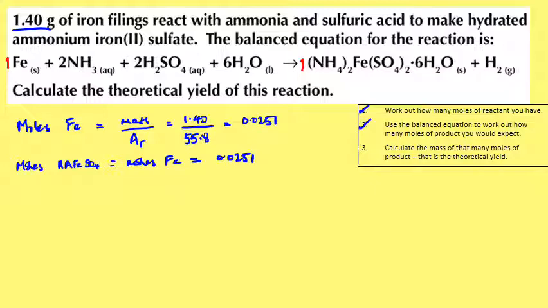And so now we want to calculate the mass of this many moles of hydrated ammonium iron sulfate. The mass of anything is going to be the moles times the MR, in this case, because we're dealing with a compound.